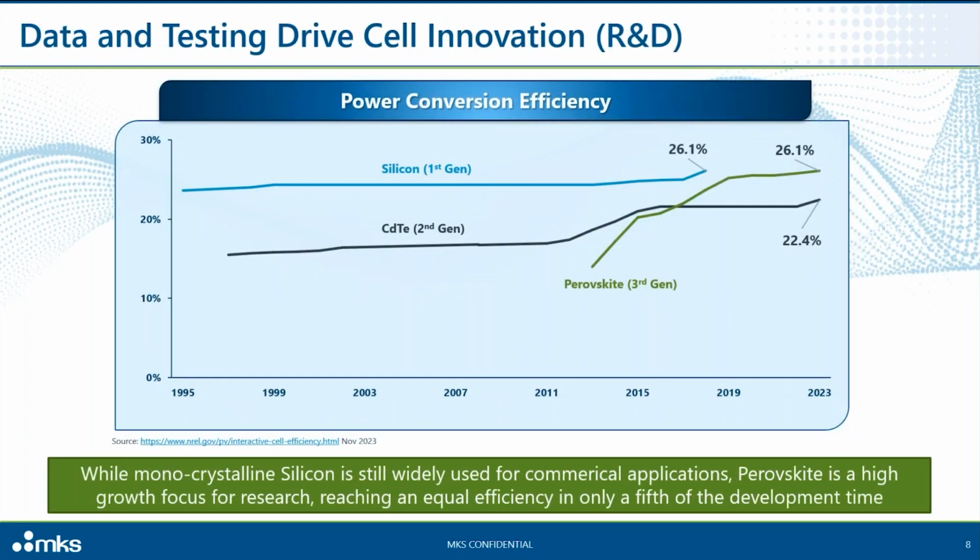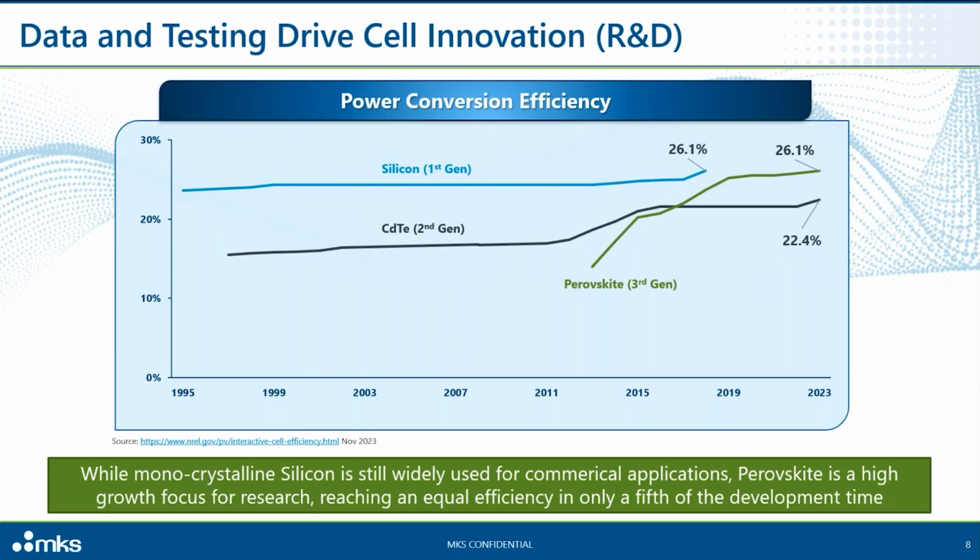So that's for the commercial applications for industrial use, but there's a lot of testing and data driving the innovation at the research level, where most of you on the call are focused on. So this is a chart. Many of you should be aware. If not, it's at the NREL website. This is data collected from their interactive cell efficiencies, which is the goal to invest and develop new technologies that reach new certifying records.